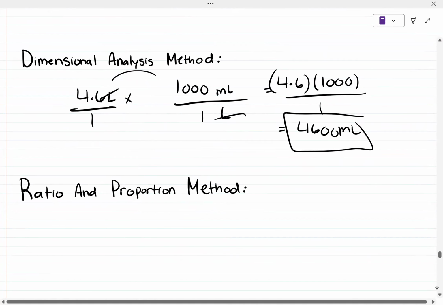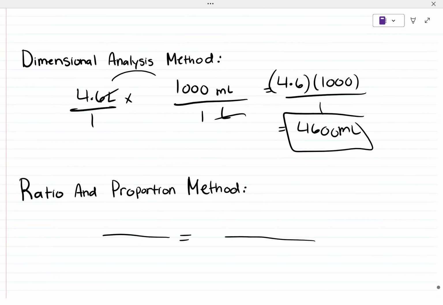Ratio and proportion, so we can set it up like this. Liters here, milliliters here, and then liters here, milliliters there. So we were given 4.6 liters, and then milliliters is unknown. And then what's the relationship between liters and milliliters?